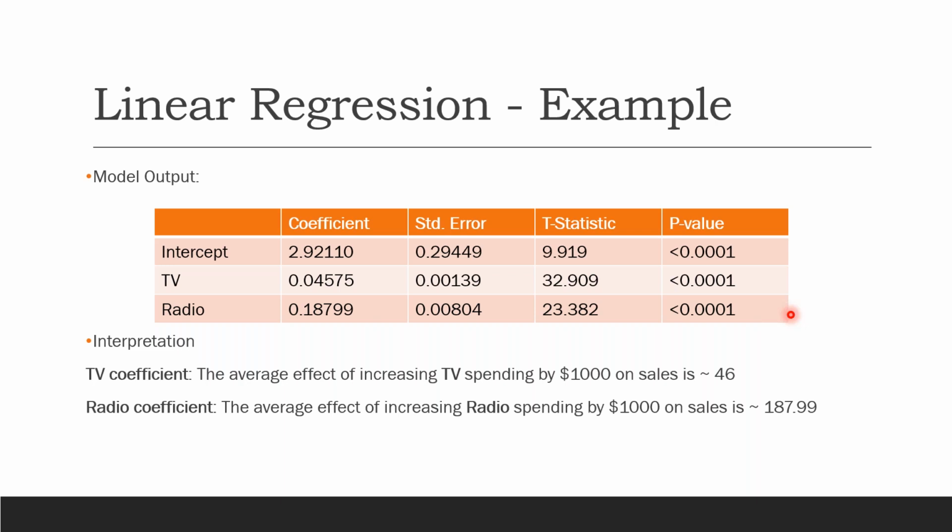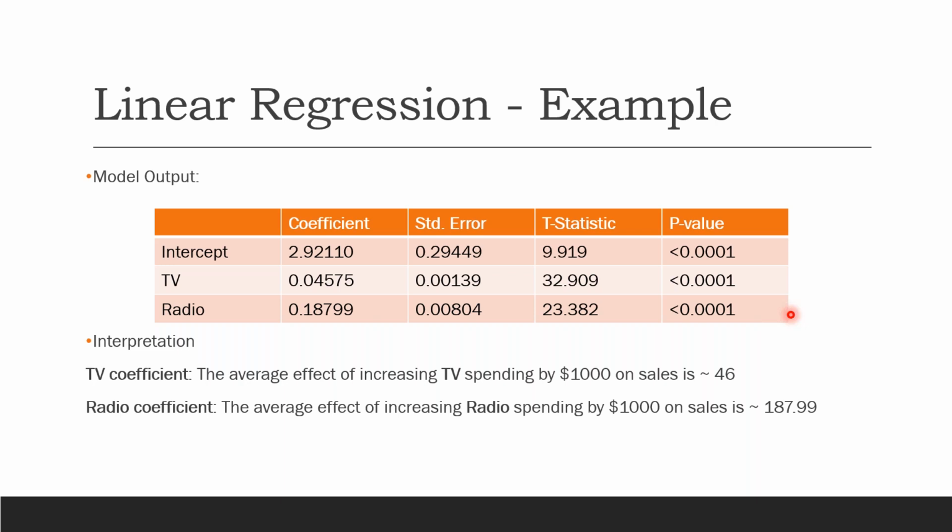Now let us look at how we would interpret these coefficients. If we were to increase the TV expenditure by 1,000, the sales would increase by 46 units on average. And similarly for radio spend, if we were to increase that by 1,000, the sales would increase by approximately 188 units on average.